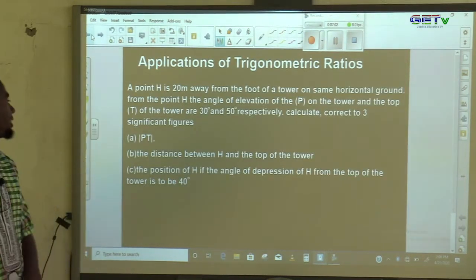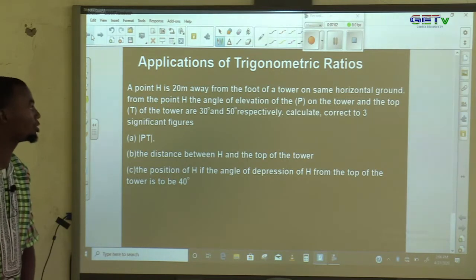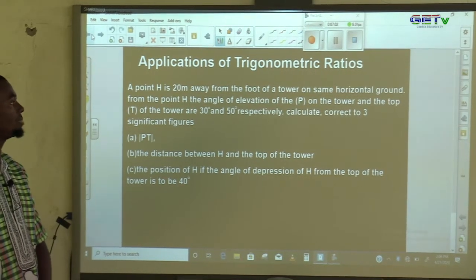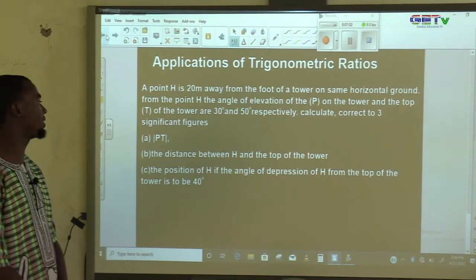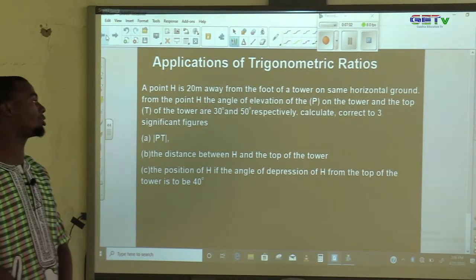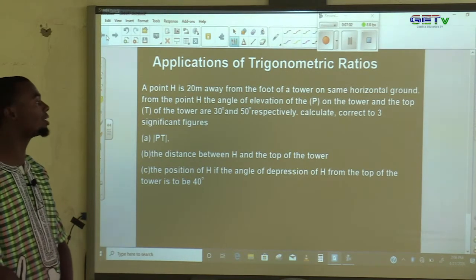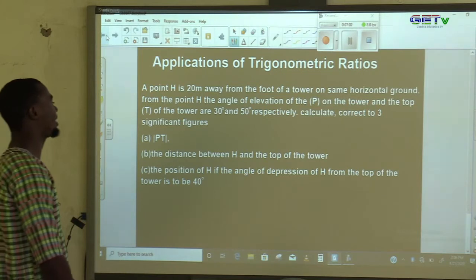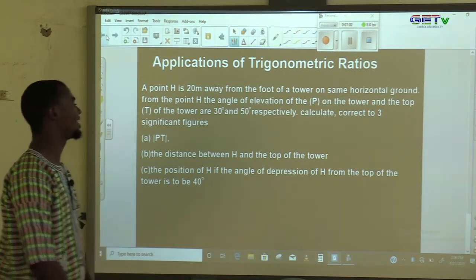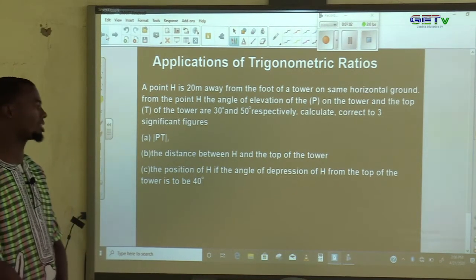A point H is 20 meters away from the foot of a tower on the same horizontal ground. From point H, the angles of elevation of a point P on the tower and the top T of the tower are 30 degrees and 50 degrees respectively.